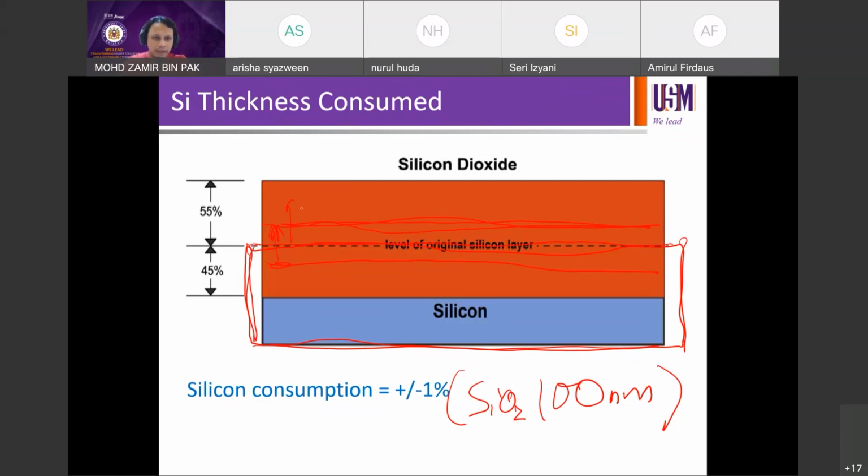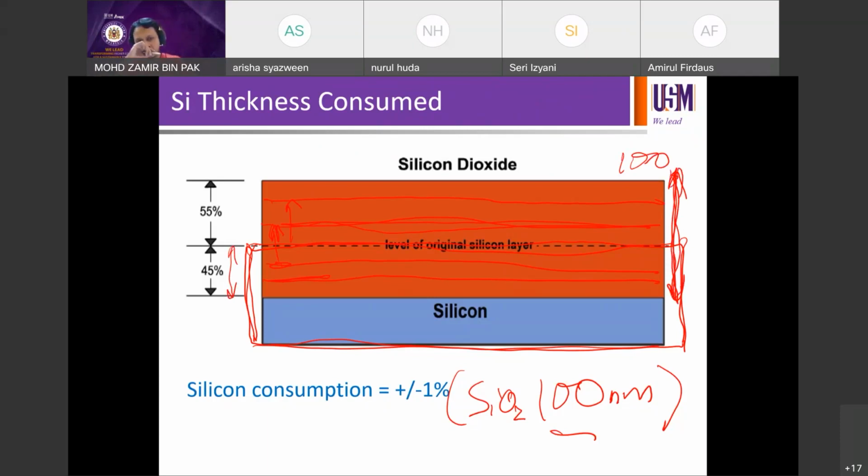If you increase your silicon dioxide thickness like that, you consume more silicon. Eventually we reach 100 nanometer, the whole brown region, and you consume this much of the original silicon to be able to grow this much of oxide.